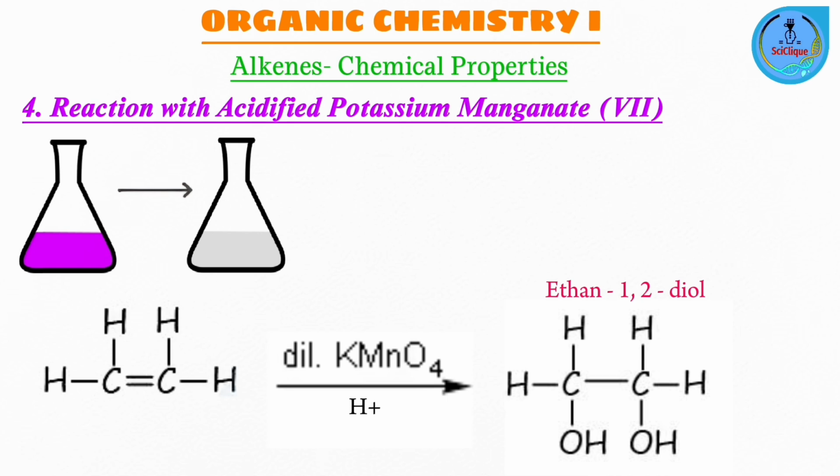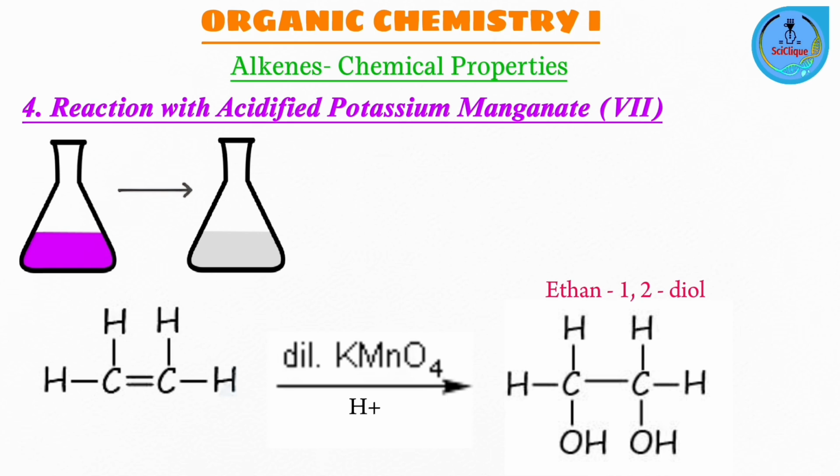If you were to use hydrochloric acid, it would react with acidified potassium manganate 7, leading to the formation of chlorine gas. We don't want that. So, acidification of potassium manganate 7 is carried out using sulfuric acid to make it an even stronger oxidizing agent. So, this allows it to oxidize alkenes. So in this particular reaction, the potassium manganate 7 is acting as an oxidizing agent because it oxidizes the alkenes.